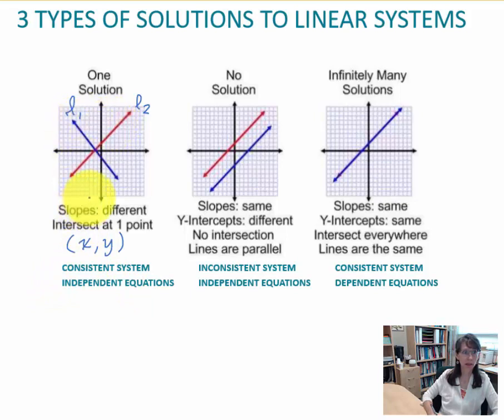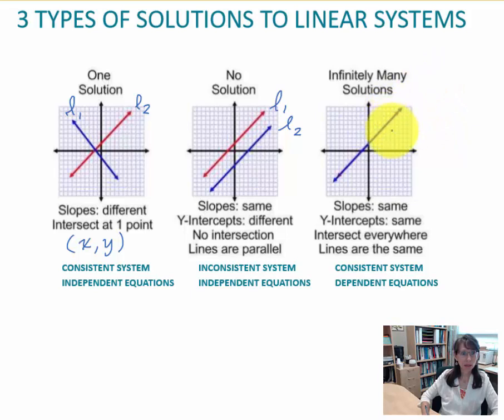With the second example, we have no solution because line 1 and line 2 are parallel, and therefore they are never going to intersect. So this is an inconsistent system. We have no shared solutions. They are independent equations.